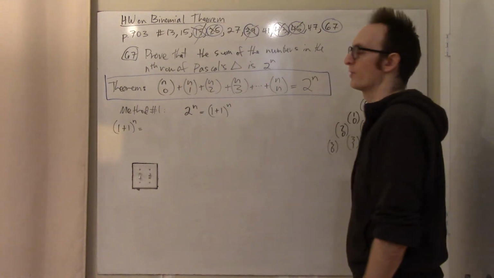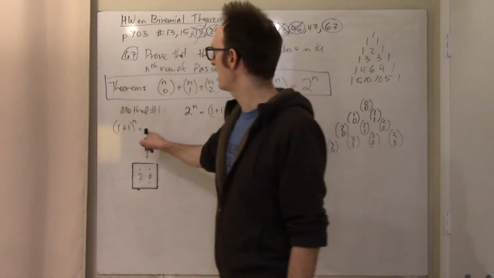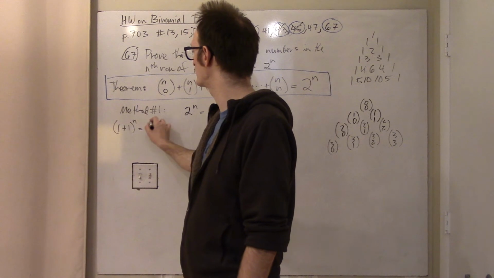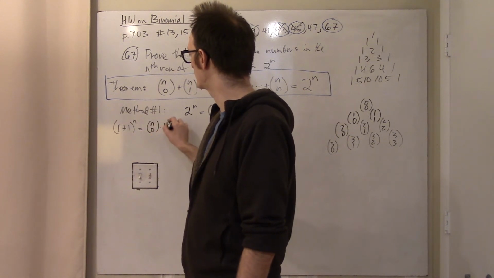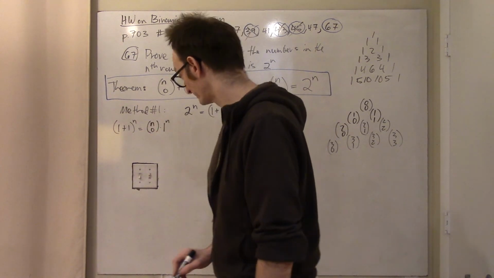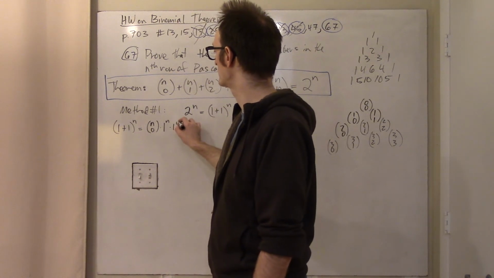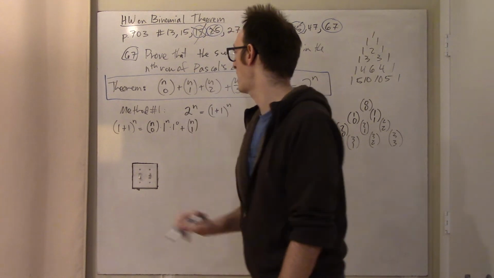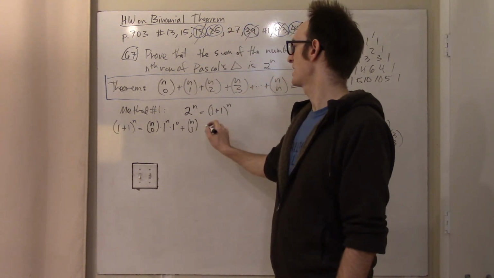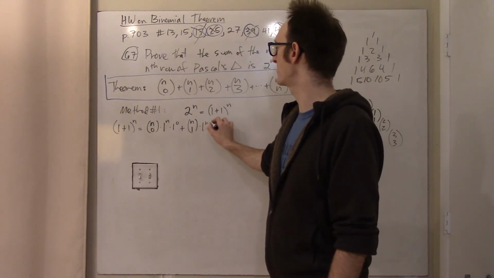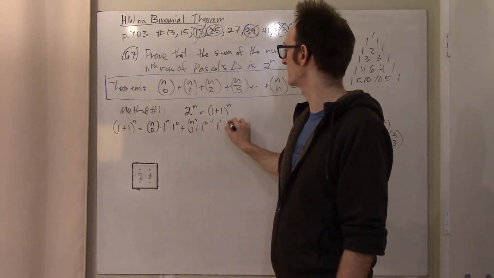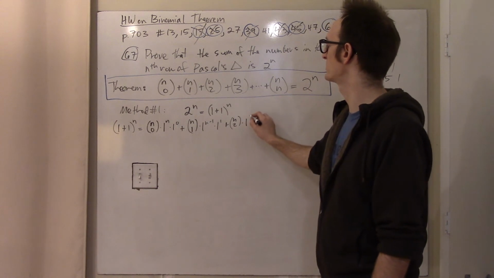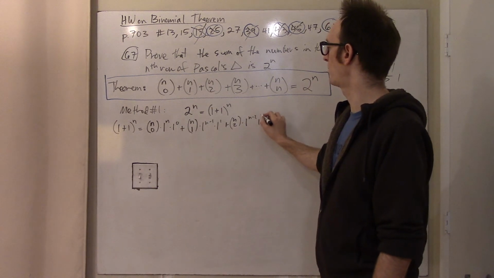What is the binomial formula in its full general form? The first term in the expansion is n choose 0 times 1 to the n times 1 to the 0. Plus the next term is n choose 1 times 1 to the n minus 1 times 1 to the 1. And the next term will be n choose 2 times 1 to the n minus 2, 1 to the 2.